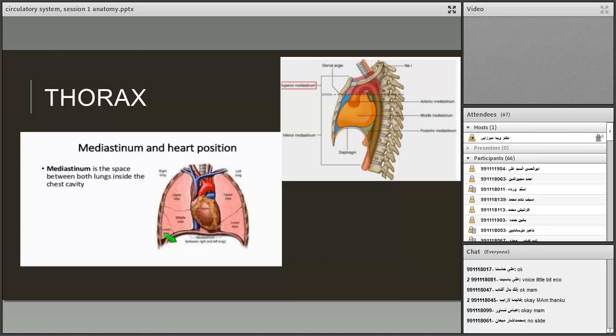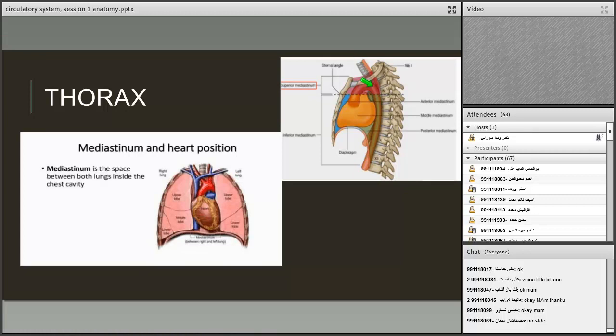It has superior and inferior apertures. This is the superior aperture of the thorax, and this is the inferior aperture. The superior aperture is continued with the neck, and organs like the trachea, esophagus, and others pass through the superior aperture and come into the thorax.